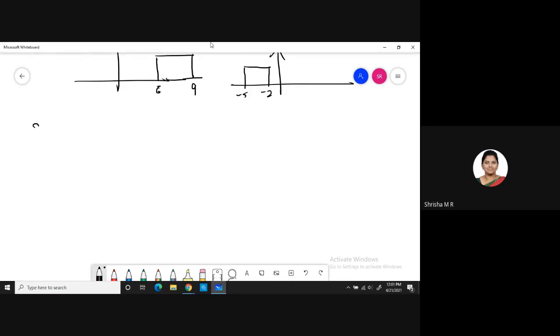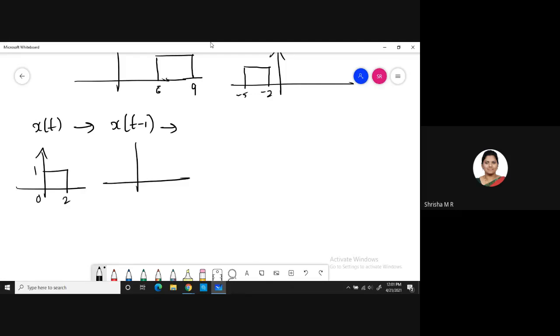If I have a waveform x of t and I shift it by x of t minus 1, then my waveform will shift by plus 1. If I have x of t from 0 to 2 with an amplitude 1, x of t minus 1 would be from 1 to 3, with an amplitude 1. So what is happening? It is shifting, right?